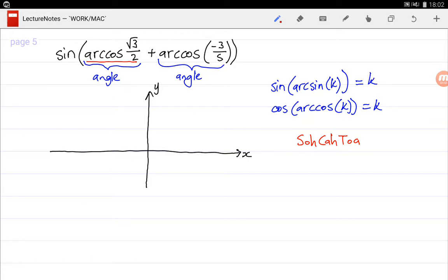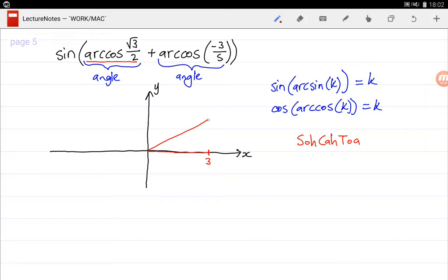This tells us that this specific triangle has positive sides. Sorry, this is cos, so the adjacent side is going to be √3 and the hypotenuse is 2.